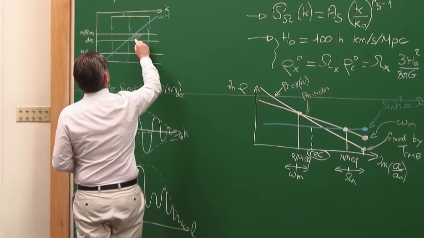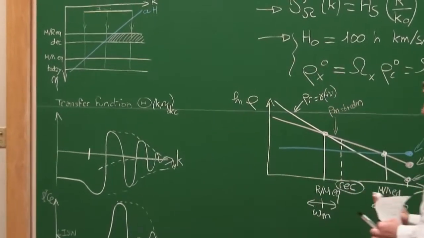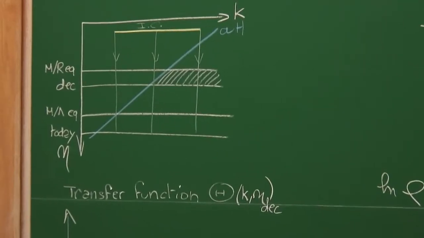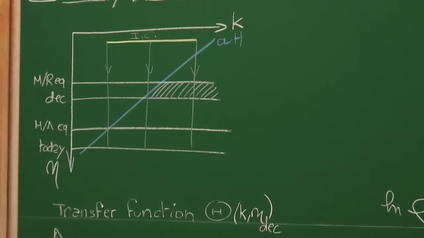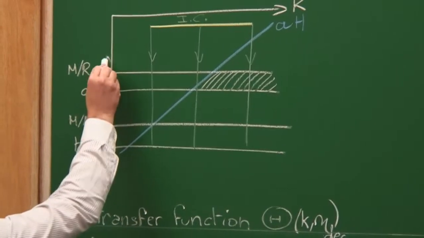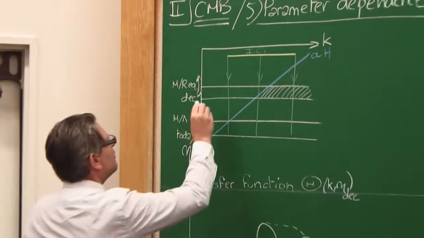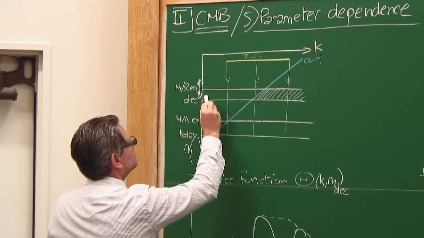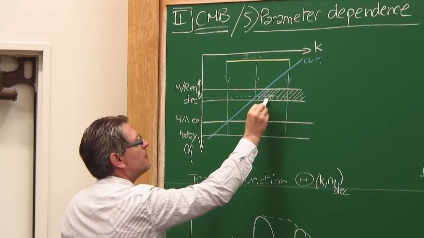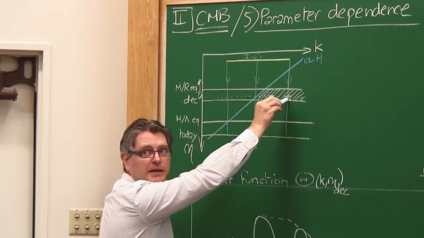We said in this region that because the baryon density is significant, the oscillations are decreasing, instead of being stationary. Now, when we change omega m, we move equality closer or further away from decoupling. And this is important. If equality takes place very late, like just before decoupling, there is very little time for the fluctuation to decrease. So they arrive here at decoupling with a larger amplitude.